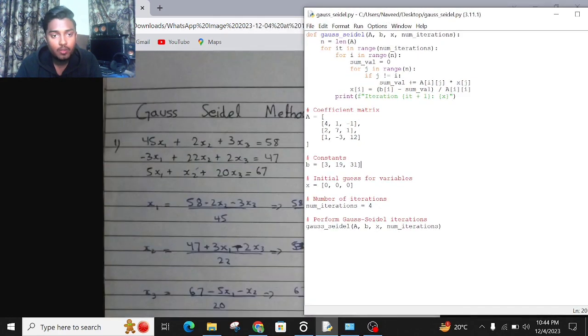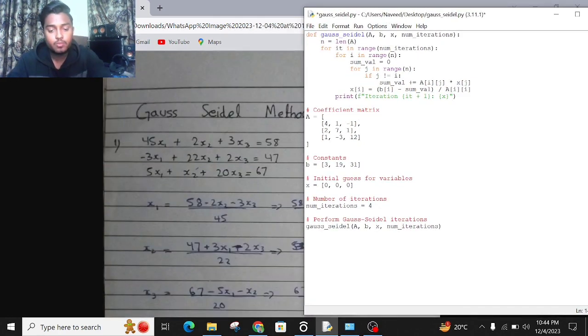So let me convert these values into our question. The first row is 45, 2, 3, then 2, 22, and minus 3. Then here we got 5, 1, and 20.